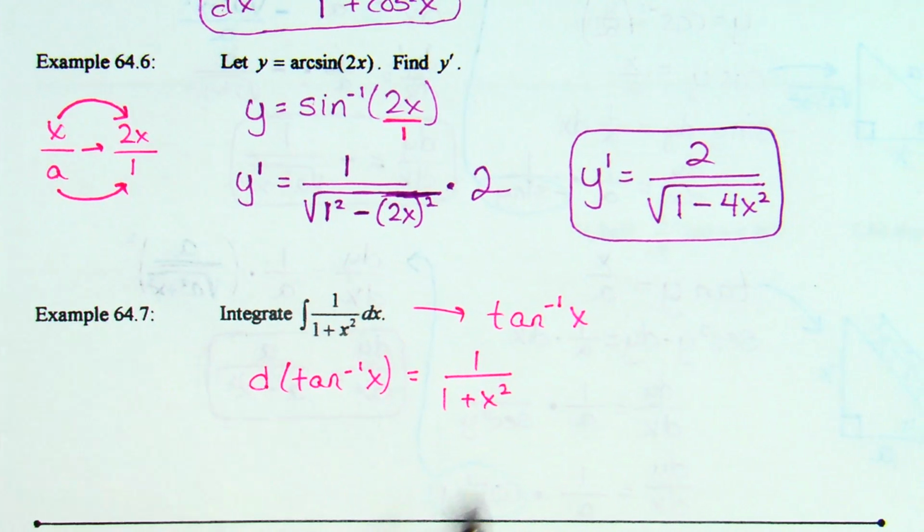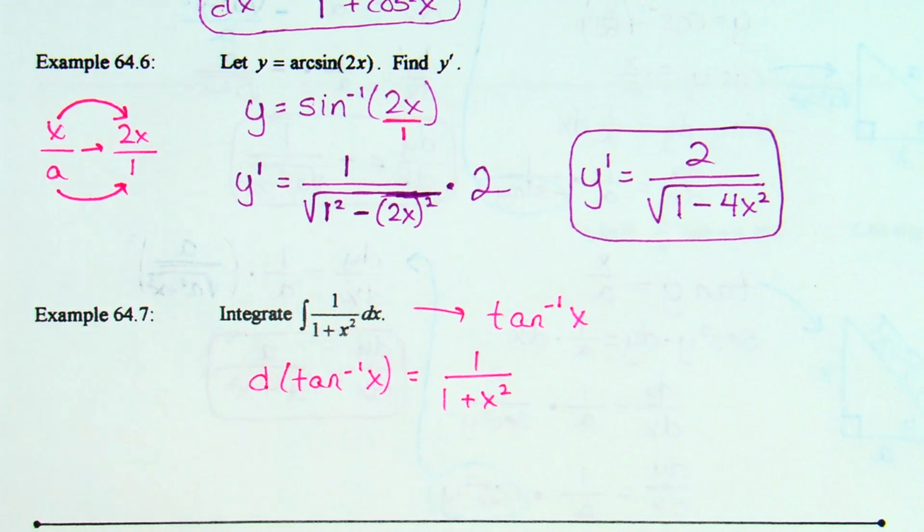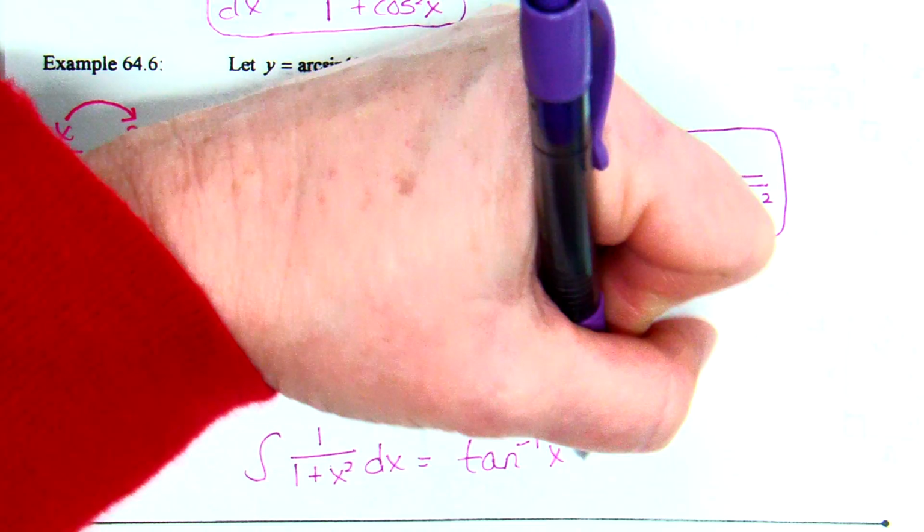So if the derivative of tangent inverse is 1 over 1 plus x squared, what's the integral of 1 over 1 plus x squared? It's obvious. Tangent inverse x plus c. So the integral of 1 over 1 plus x squared dx is equal to tangent inverse of x plus c.